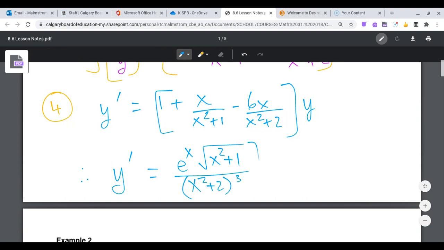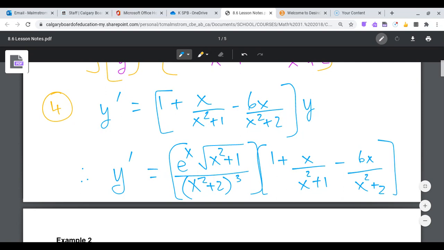And that is being multiplied by 1 plus x on x squared plus 1 minus 6x on x squared plus 2. And that's it. I'm not going to try and get that tidied up, okay? We're not going to try and make common denominator and make it look prettier than that. That's as far as we're going to go.